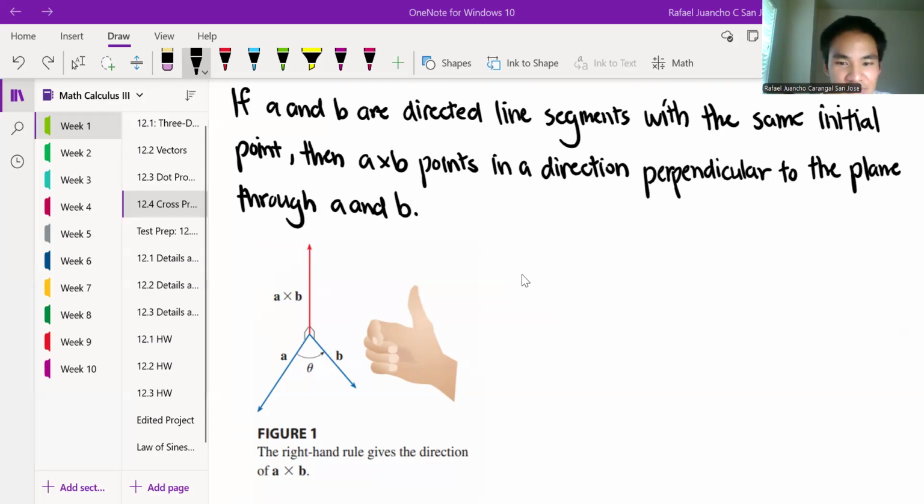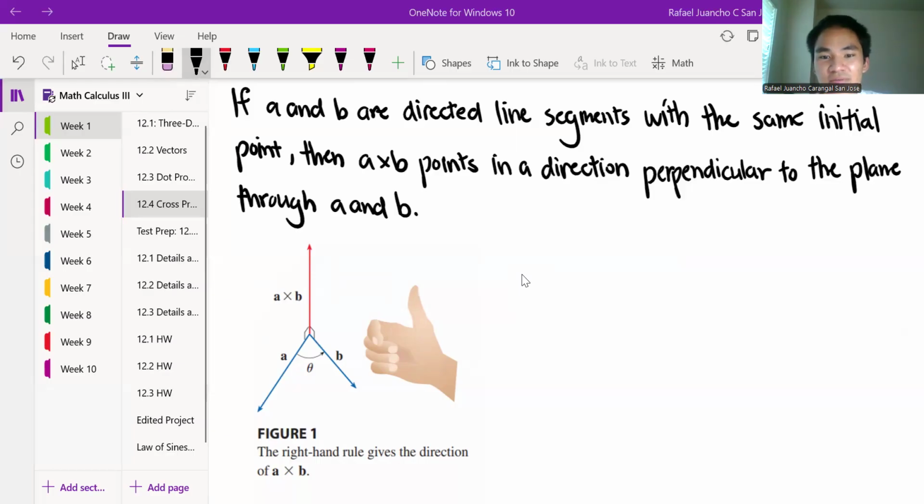Now that we know the direction of A times B, the remaining thing we need to complete its geometric description is its length. So we need to find the length of this thing, which we represent with two vertical lines. Now, how do we get that?